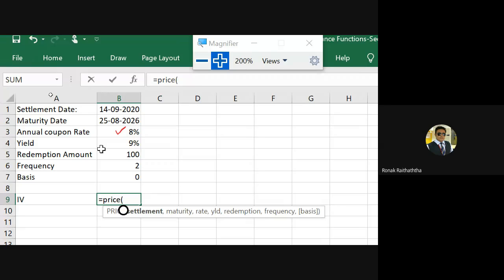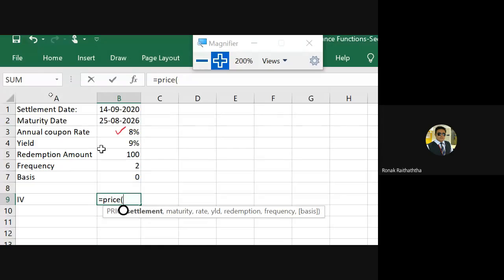So at that time, your settlement date and issue date might be different. But if you have taken and kept that bond since the issue, then settlement and issue date would be the same, right? So here I'm just selecting the settlement date, nothing else.